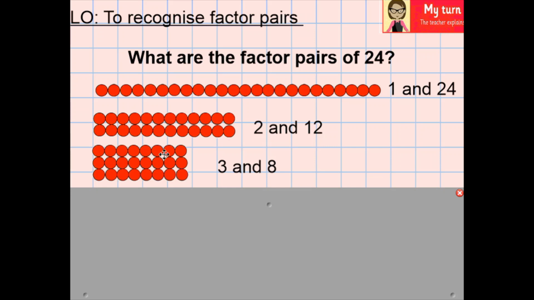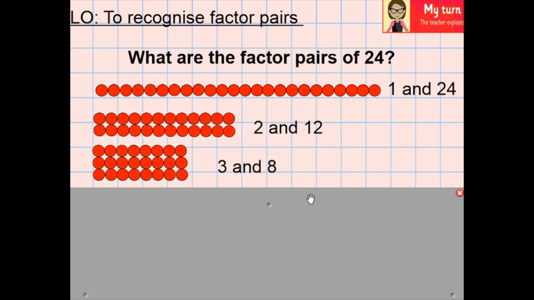So I've made 3 rows now, and this time we've got 8 in each row. So I've found 2 more factors, 3 and 8, and I've found a factor pair, because a pair we know is 2. So I've got 3 and 8 as another factor pair.